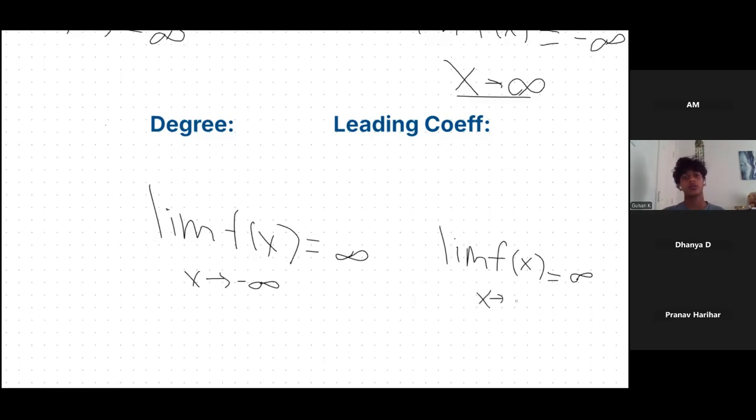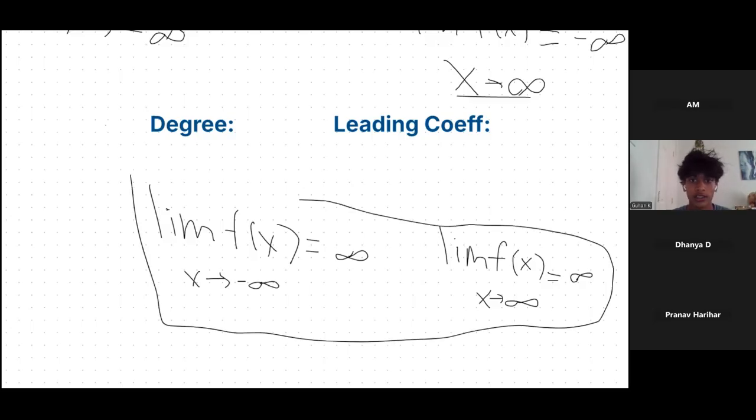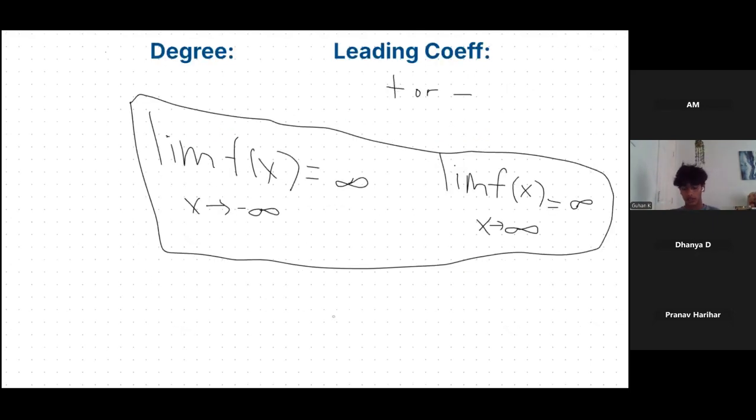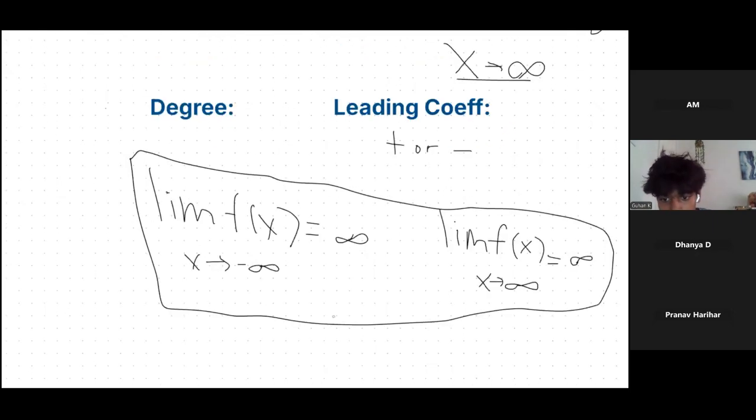All right, so what's the lowest degree that's possible using these limit statements? What's the lowest degree graph that's possible? And is the leading coefficient positive or negative? I'll give you guys a second to answer that.